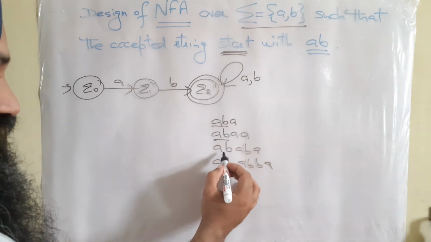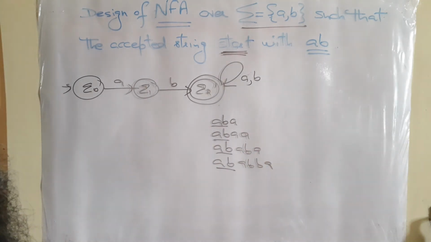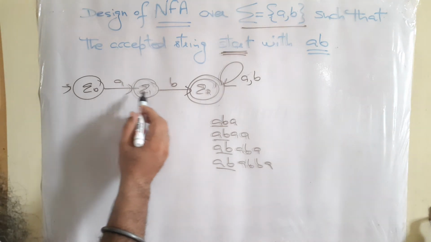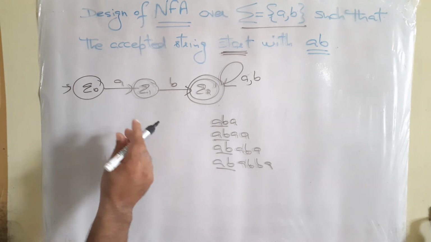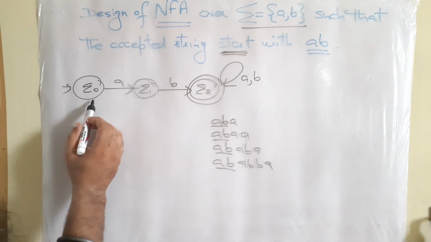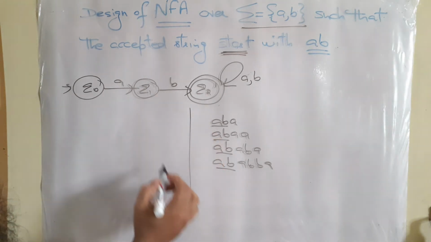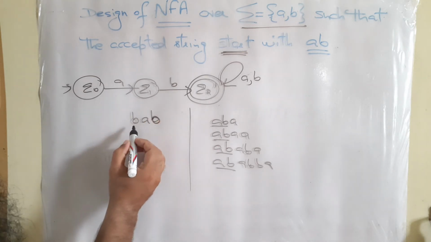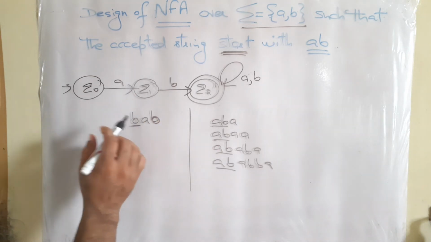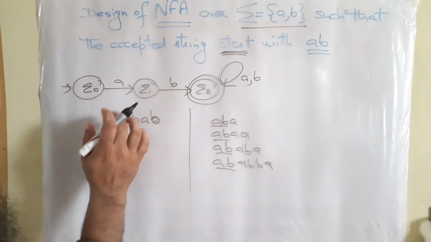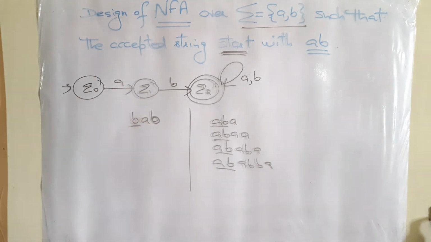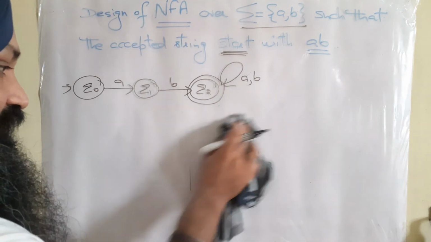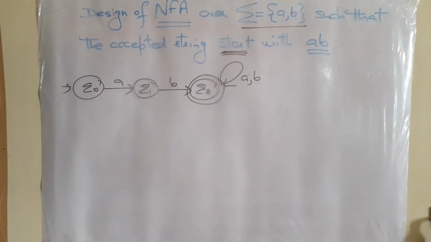What is common in these examples? ab is the initial string, so the string should start with ab. Now what happens if b is the first input symbol? It means that the string is not going to be accepted, and we are not entering any kind of dead state here. This is possible with the NFA, and you can observe the basic difference between DFA and NFA.